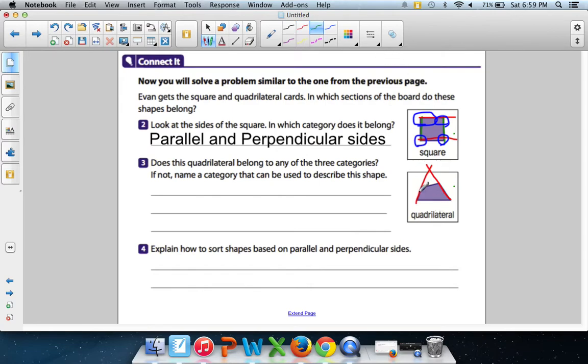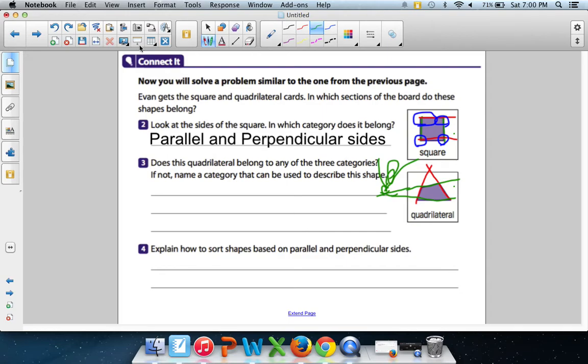Also, if this line kept on going, and this line kept on going, they crash. So it doesn't have parallel lines.